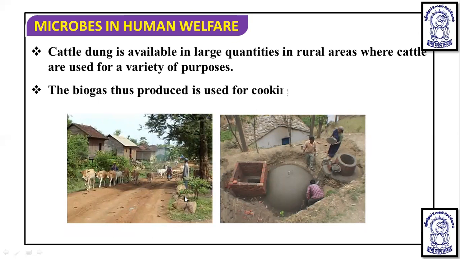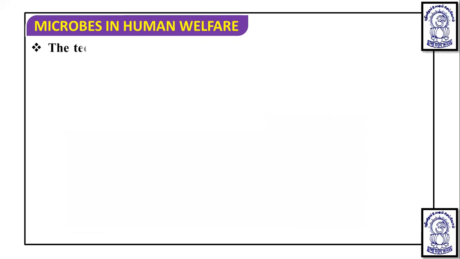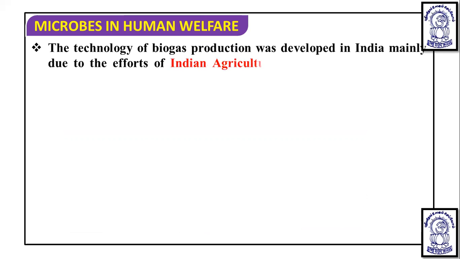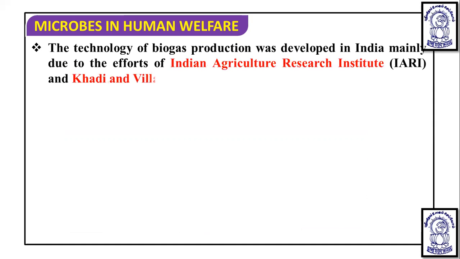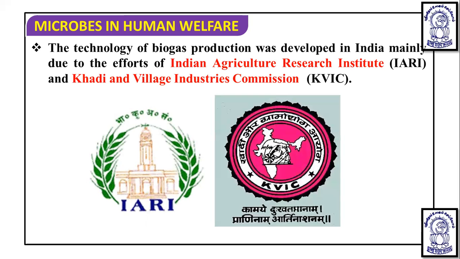The biogas thus produced is useful for cooking, lighting, and such purposes. Okay, so the technology of biogas production was developed mainly in India due to the efforts of two major institutes, that is the Indian Agriculture Research Institute, that is IARI, and the Khadi and Village Industries Commission, that is KVIC. These two developed this technology of biogas plants.